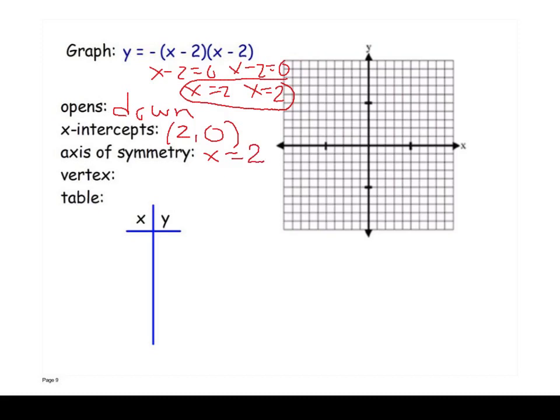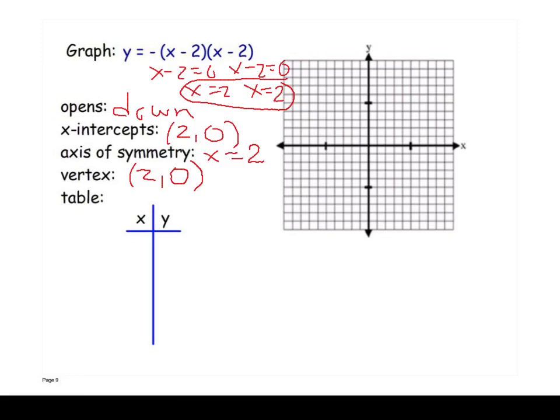When there's only one x-intercept, we can just plot the same x value as we received for our intercept. So our vertex is then going to be the same point, (2, 0). And we know that because we already found that by our x-intercept. We already know our y is going to be equal to 0.